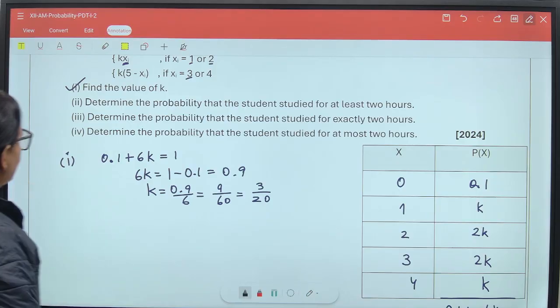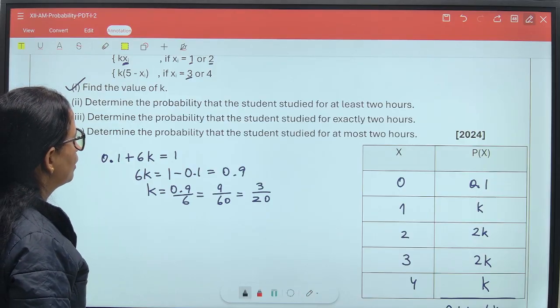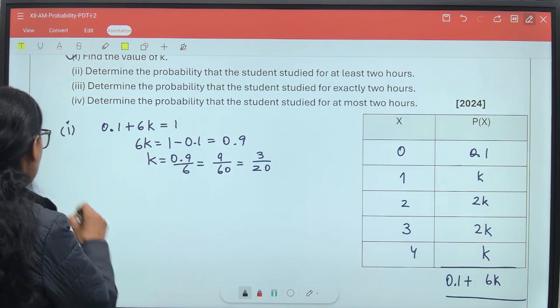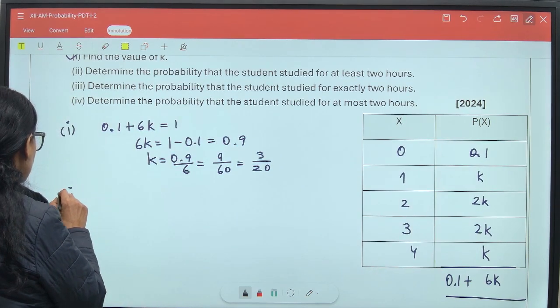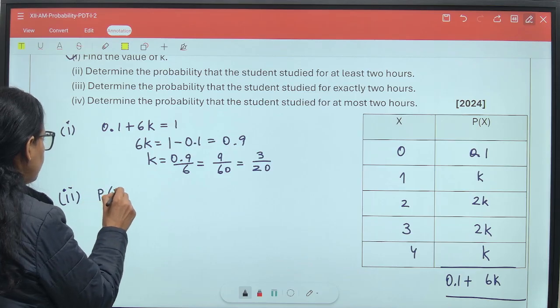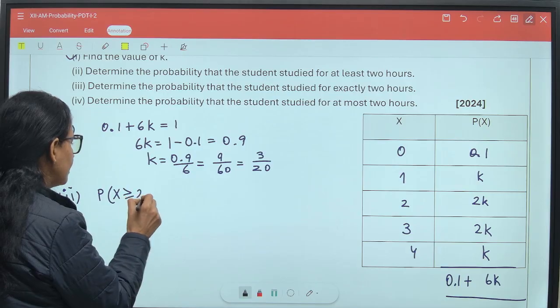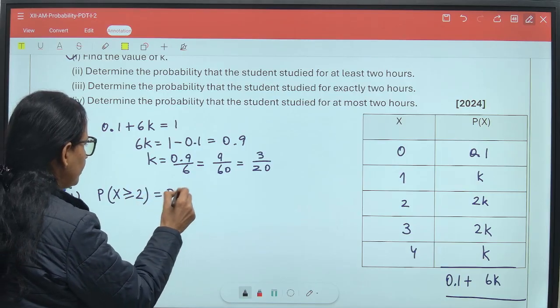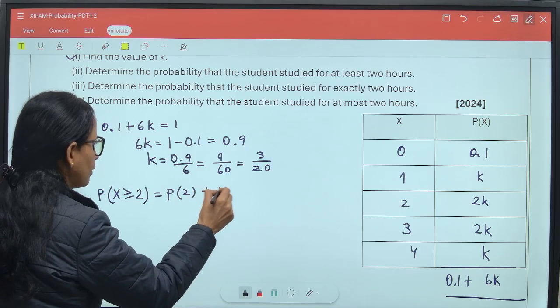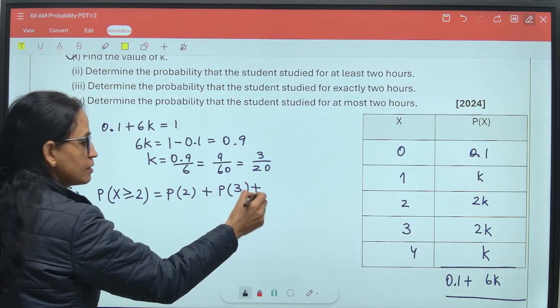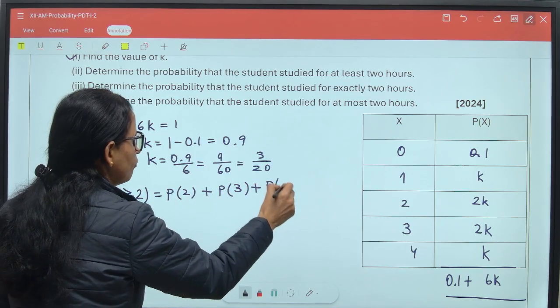The second part says, determine the probability that the student studied for at least 2 hours. At least 2 hours means what? Probability of x having a value greater than or equal to 2. So that is probability of 2 plus probability of 3 plus probability of 4.